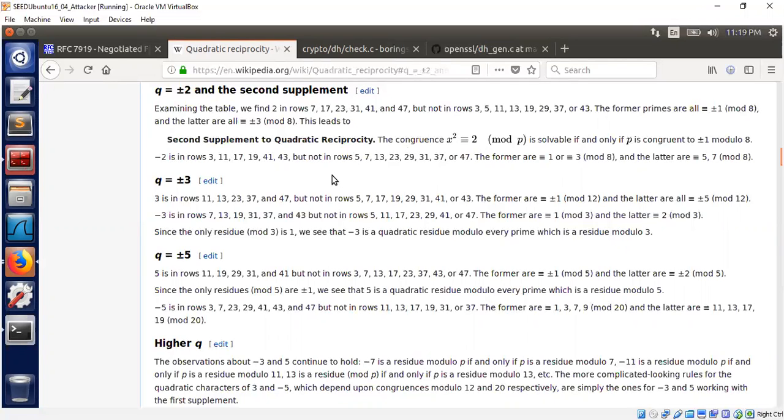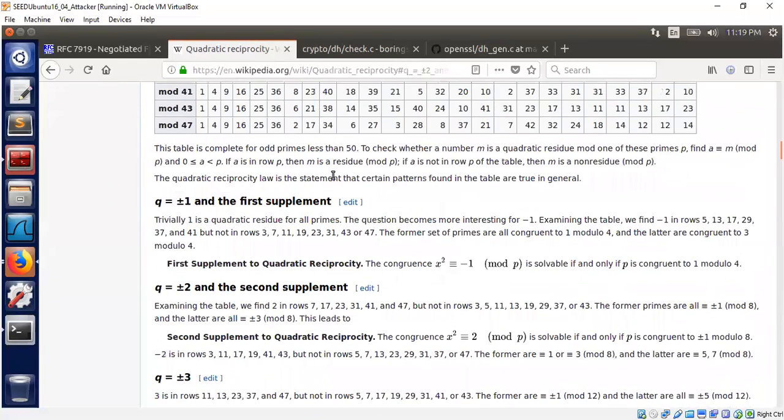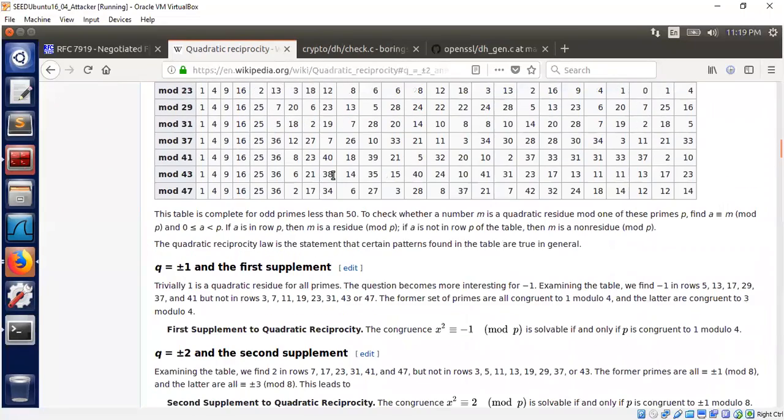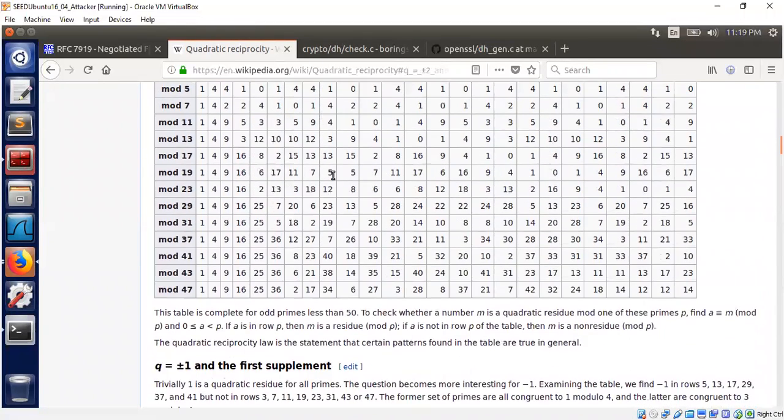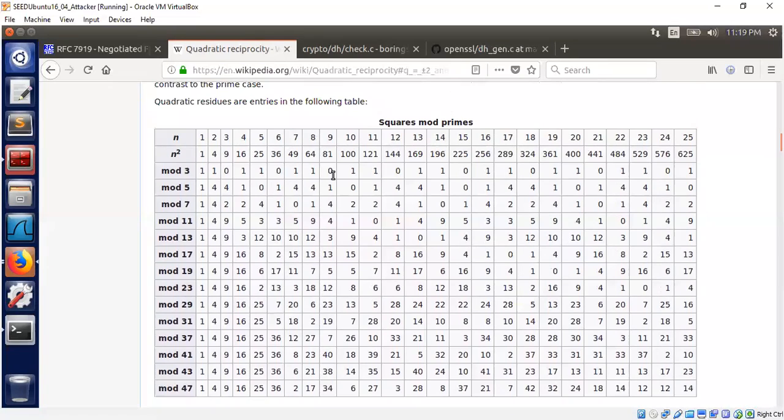Actually, mathematicians have studied the quadratic residue for many years, and earlier we were asking, given a number, can it be a quadratic residue? They were asking a reverse question actually. For what set of primes can this number be a quadratic residue? So what they did is essentially prepare a table and then apply induction to draw general patterns.